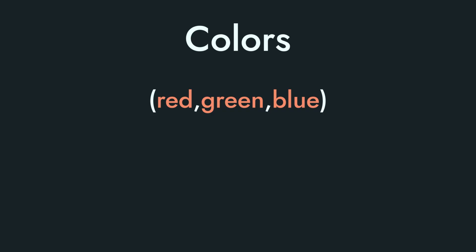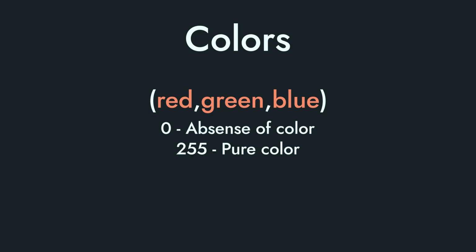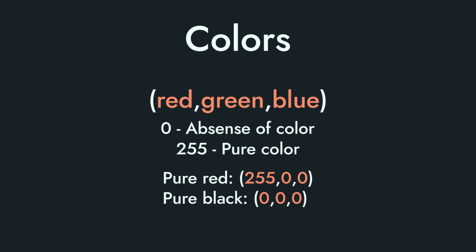The first one for red, the second one for green, and the third one for blue. And you can choose values from 0 to 255, with 0 being the absence of the color, and 255 being the pure color. So for pure red, it would be 255, 0, and 0. For pure black, it would be 0, 0, 0. And for pure white, it would be 255, 255, and 255.